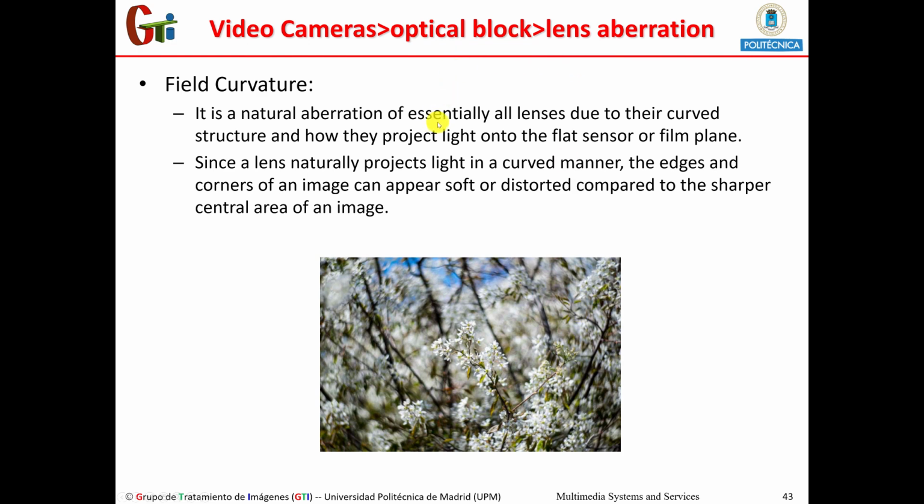The field curvature results from the fact that we are projecting light using a lens that is curved, but the projection is onto a flat sensor. In the same way that it's not possible to cover a curved surface perfectly, without any wrinkles, with a flat paper, we cannot project perfectly the light from the curved lens onto the flat sensor.